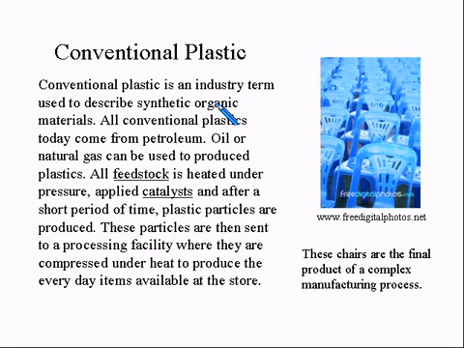It's organic chemistry, so just search that and you'll find all kinds of information well beyond the scope of this lesson. All conventional plastics today come from petroleum, also known as oil.